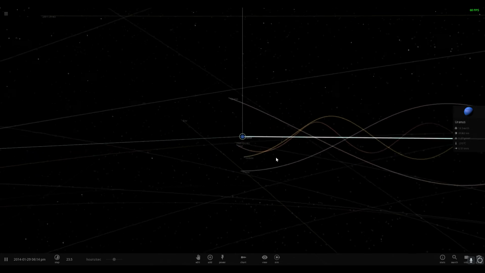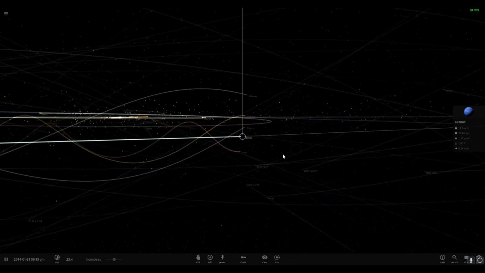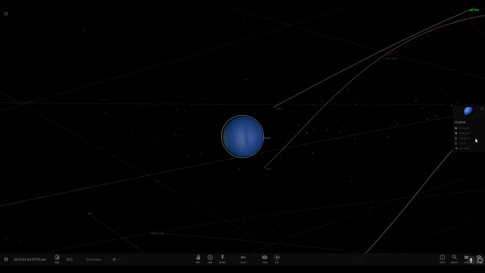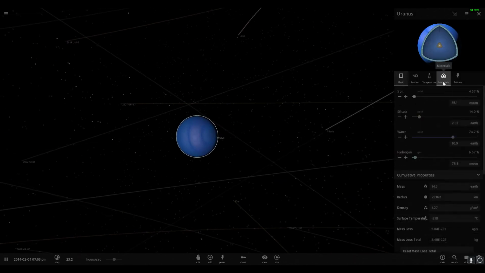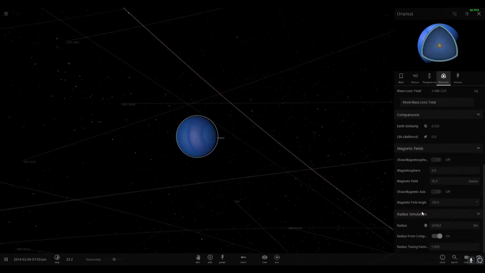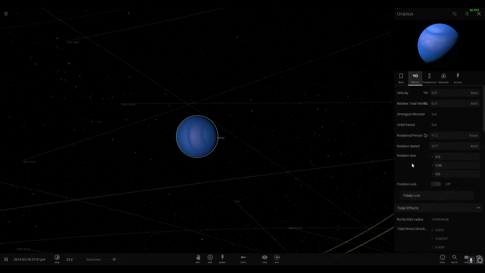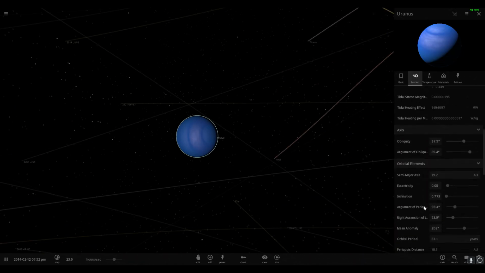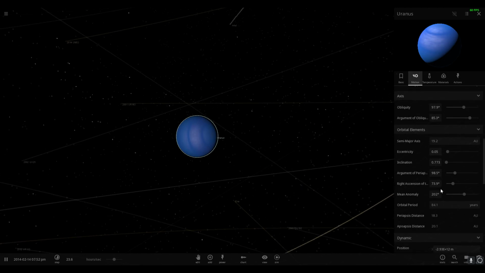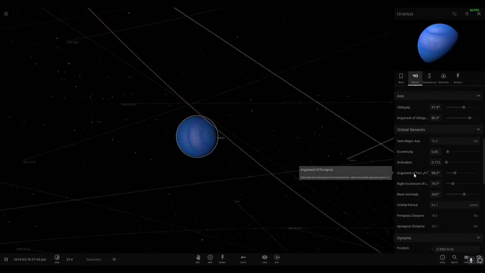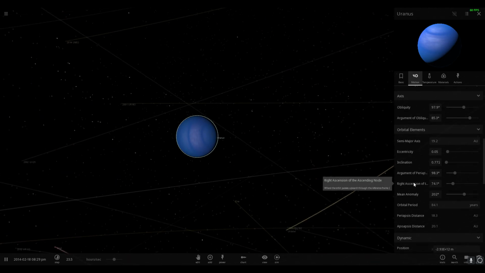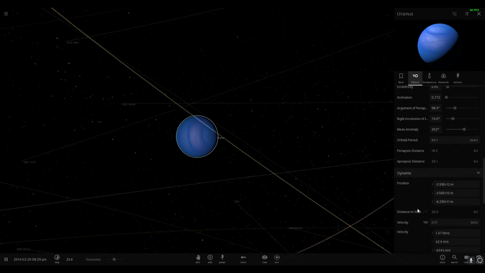However, Uranus is strange because, if you look over here and go to materials and go down, or is it materials or is it motion? It should be in motion. Where is it?